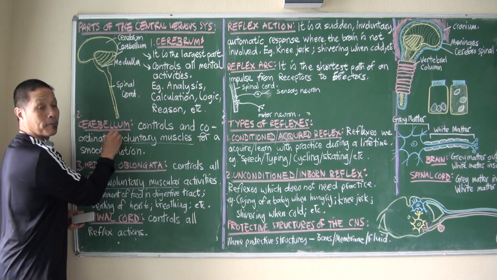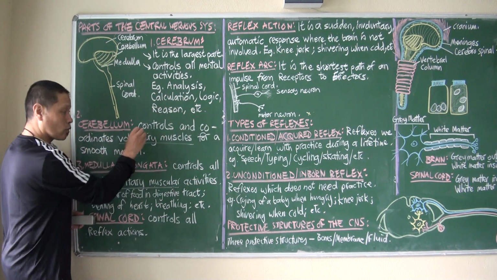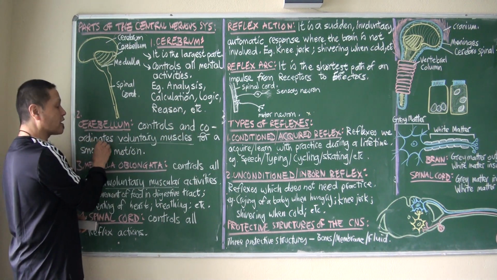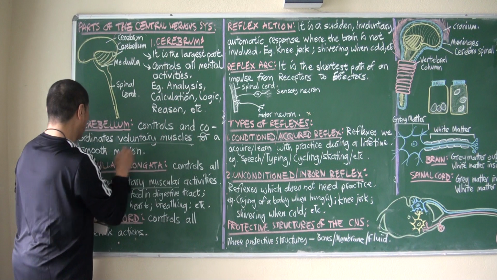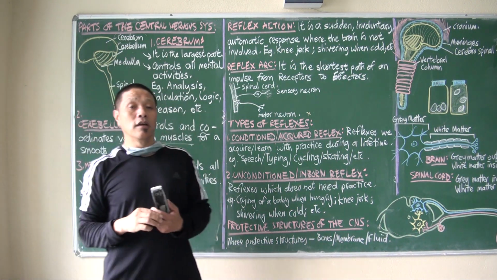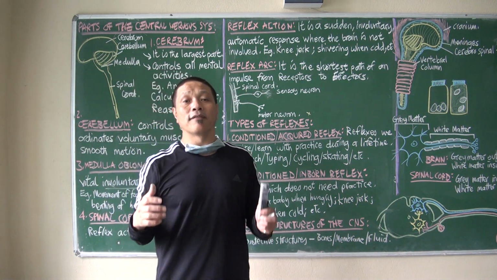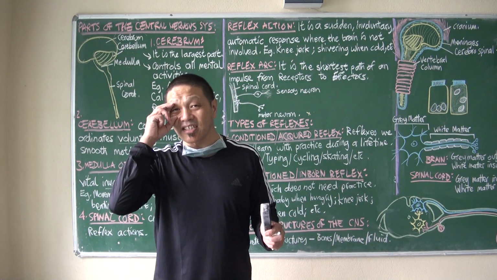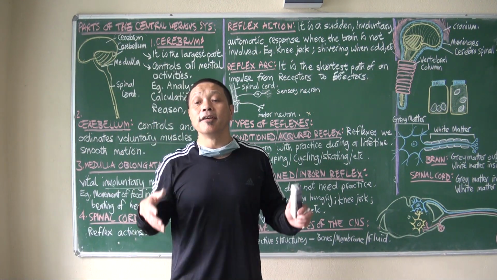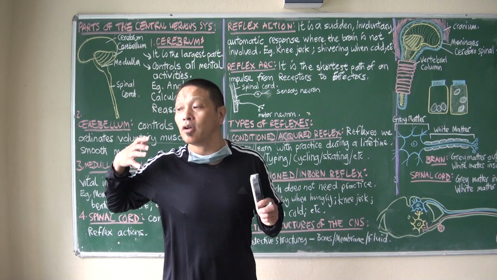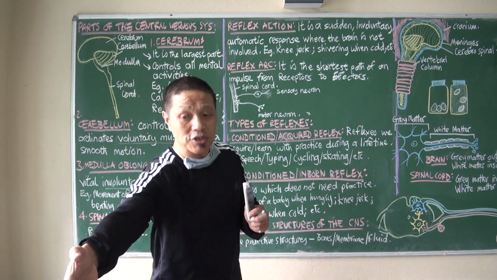Now, the cerebellum controls and coordinates voluntary muscles for a smooth motion. For example, the action of just reading a book. First of all, you need to see the book. Your eyes need to focus on the book. And then you need to reach for the book. You need to extend your hand and reach the book.